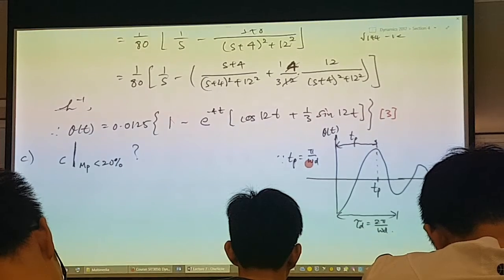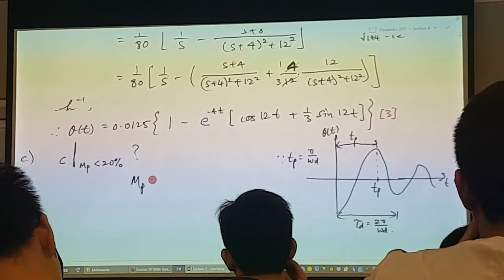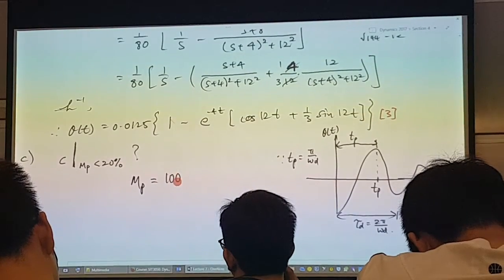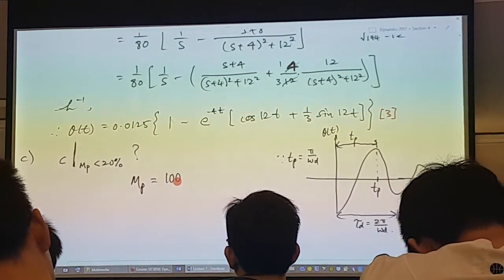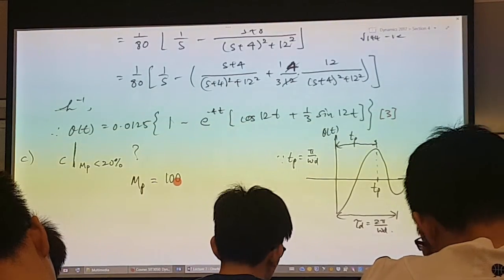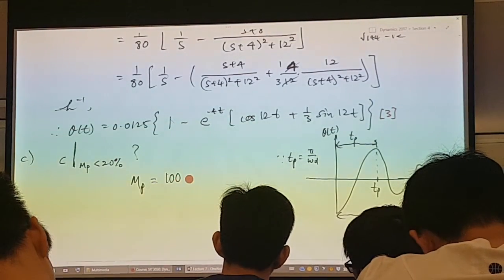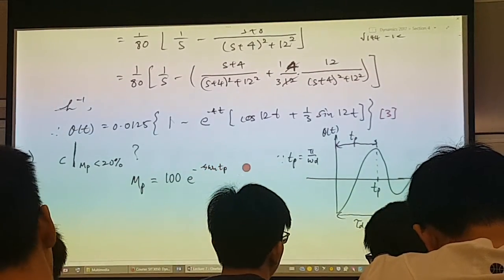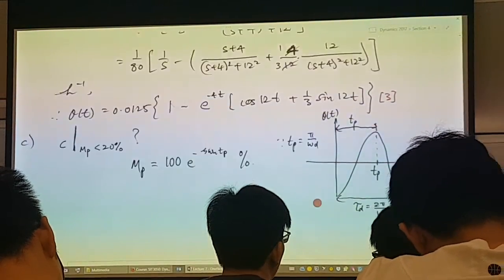Okay. So in this question, the maximum peak, right? Because it didn't say solve by first principle, I'm able to use the formula that's inside your data sheet. E to the power minus zeta omega n dt, right?